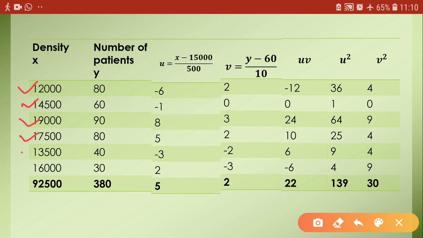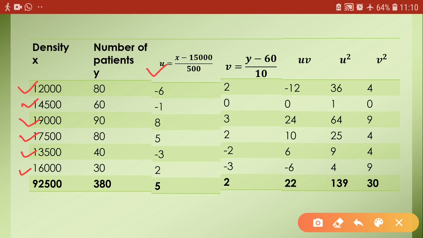19,000, 17,500, 13,500, 16,000. So if your x is this lengthy, then how can you solve this? So we will prepare a UV formula. How will you find this u? Your u is x minus, we have taken the assumed mean as 15,000 in this sum, so it is x minus 15,000.